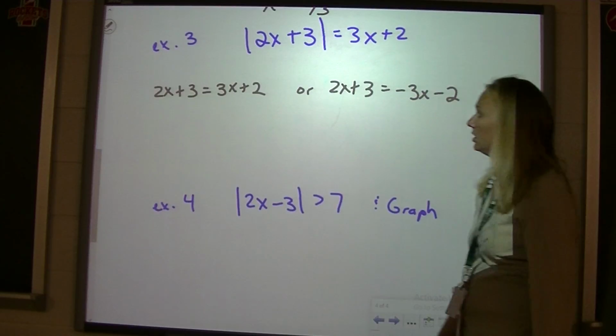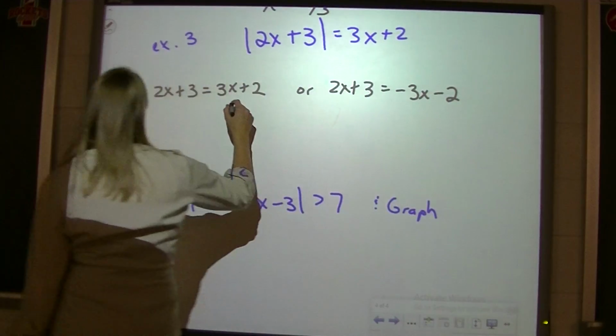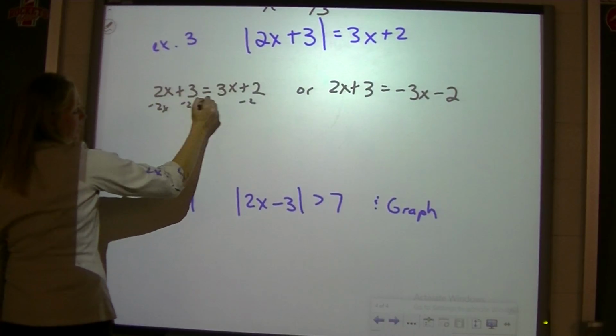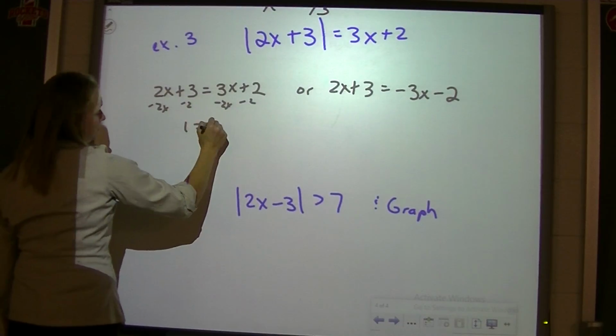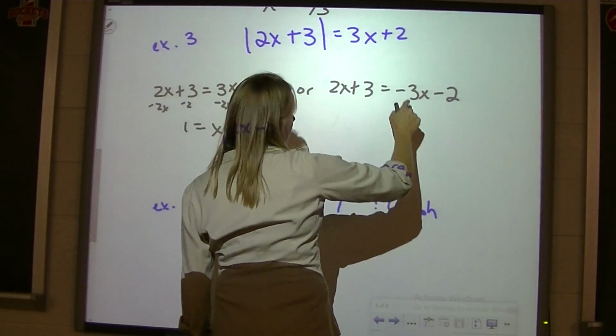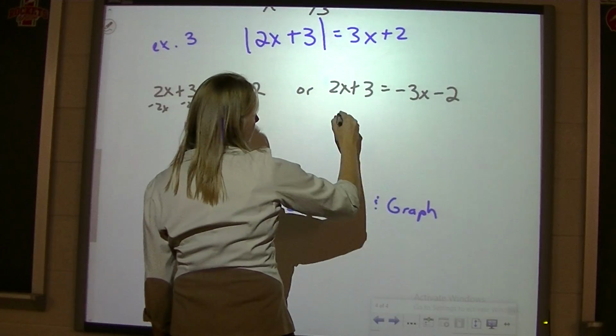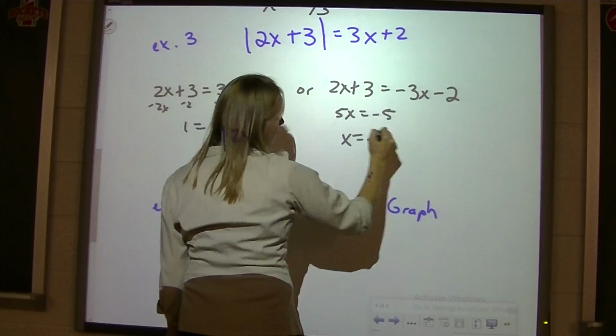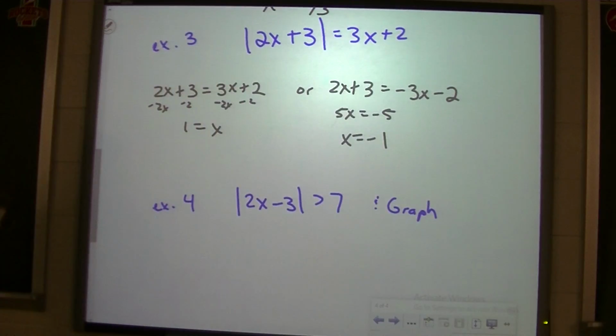Okay, so let's solve that. I'm going to subtract 2 and subtract 2x, so I'll get 1 equals x. And then here I am going to add 3x and subtract 3, and I'll get 5x equals -5, so x equals -1. And let's plug this in.